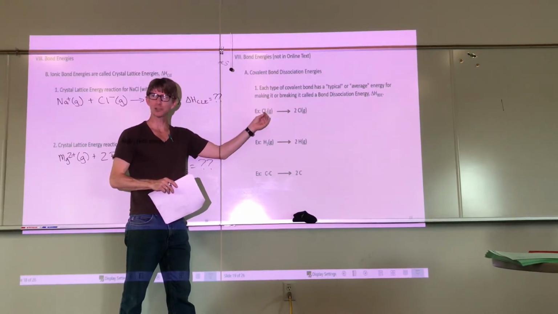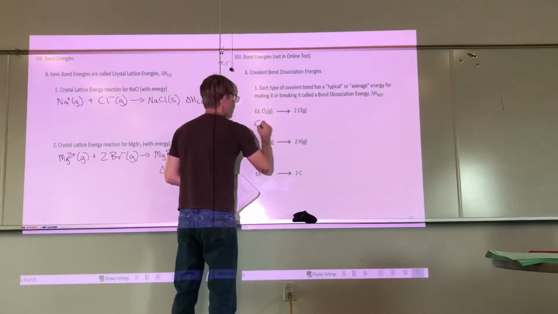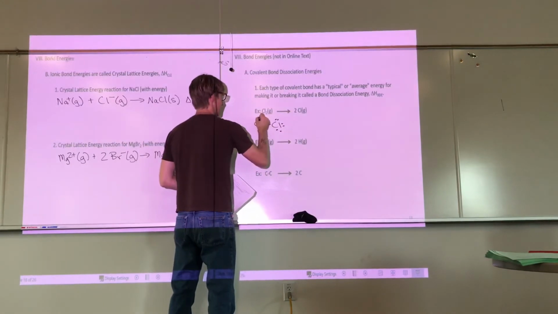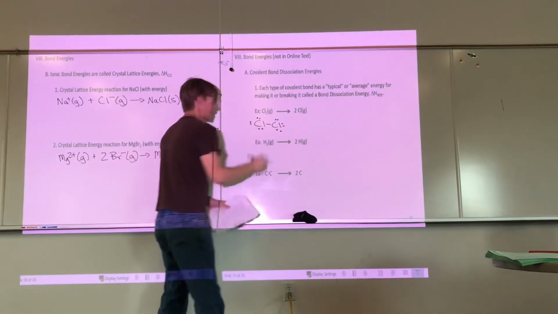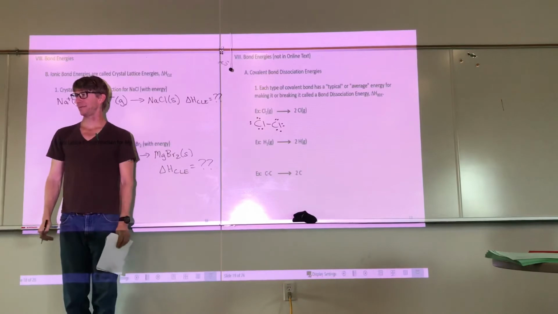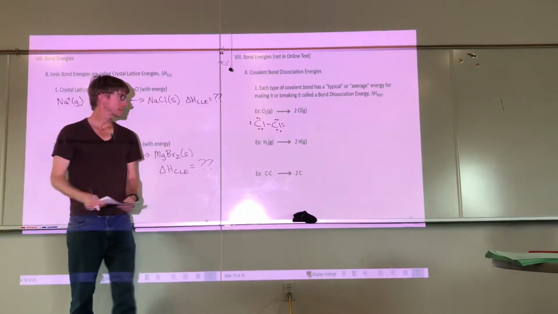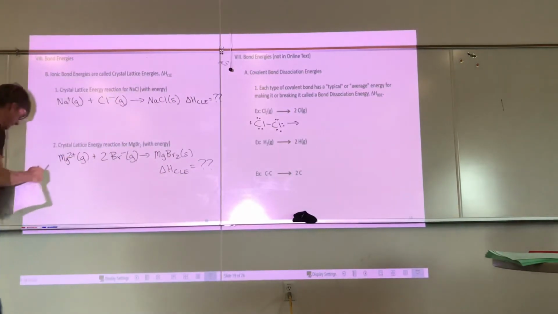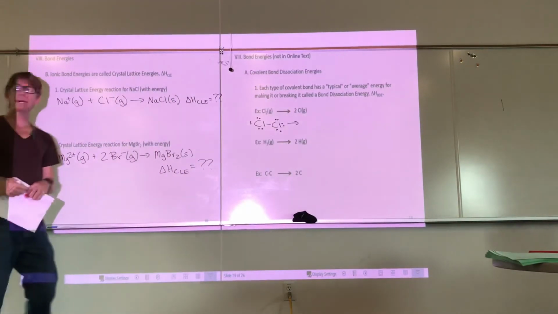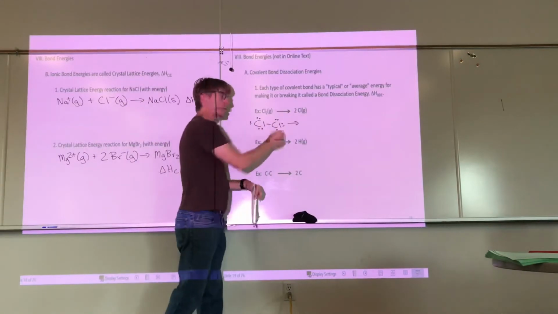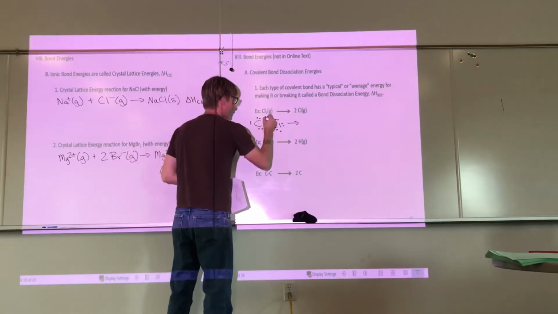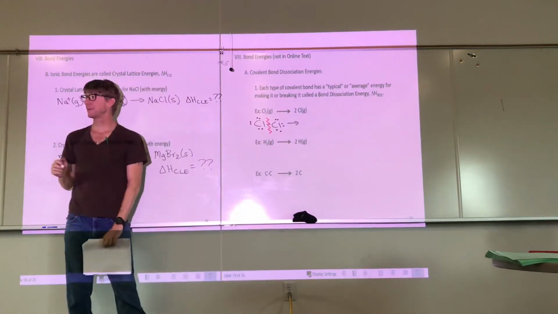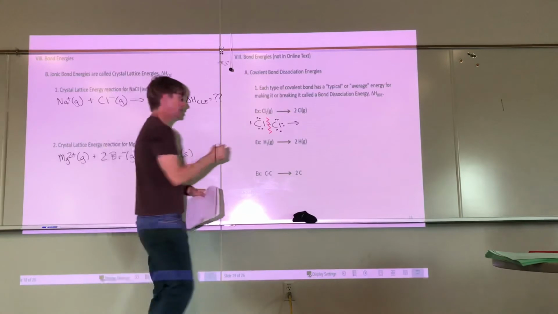You could count up the electrons, put the single bond between them, make sure everybody's got an octet, and you would draw a Lewis structure like that. Now in the process of breaking this bond to create 2 chlorine atoms, you break it and 1 electron goes with each of them.